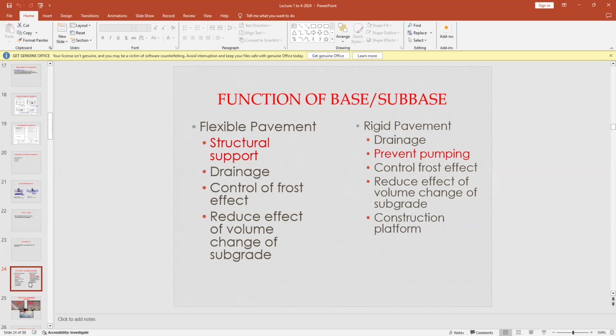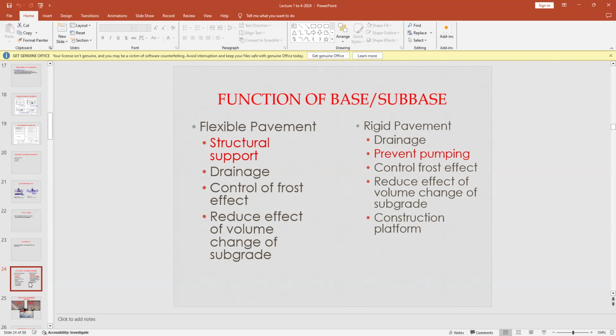What is frost action? In areas where there is a low temperature that causes water to freeze, and once the water freezes under the pavement, then after sunny weather or good weather, the ice below the pavement breaks.